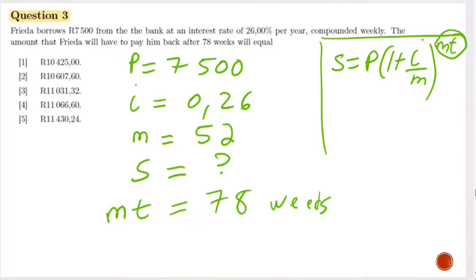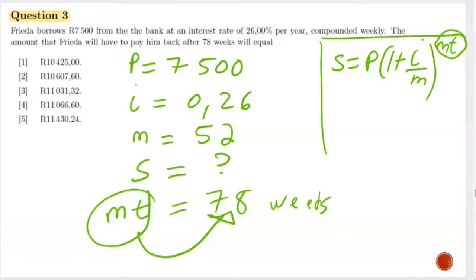If you've got years here, say 7 years, but your interest is compounding in so many periods, you also need to multiply your years with the compounding amount. But here it is already given to us. Our MT is already given, 78 weeks, so you don't need to take that 78 and multiply it by 52. It's already been done for us.